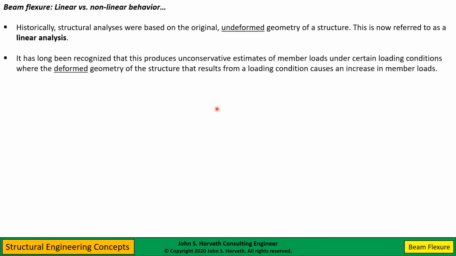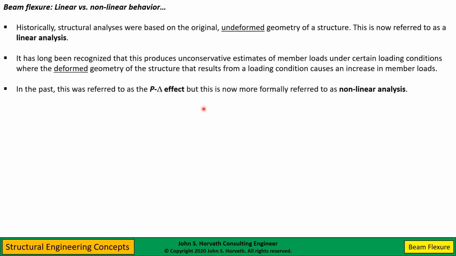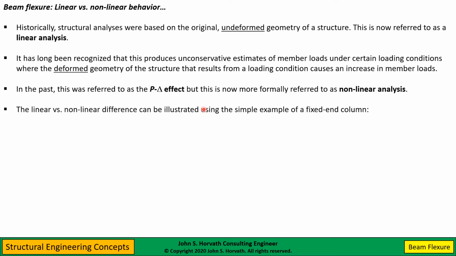Well, it's long been recognized that a linear analysis produces unconservative estimates of member loads under certain loading conditions where the deformed geometry of the structure actually increases the loads. Now, in the past, certainly when I was a student many years ago, this was referred to as the P delta effect, but is now more formally just called a nonlinear analysis.